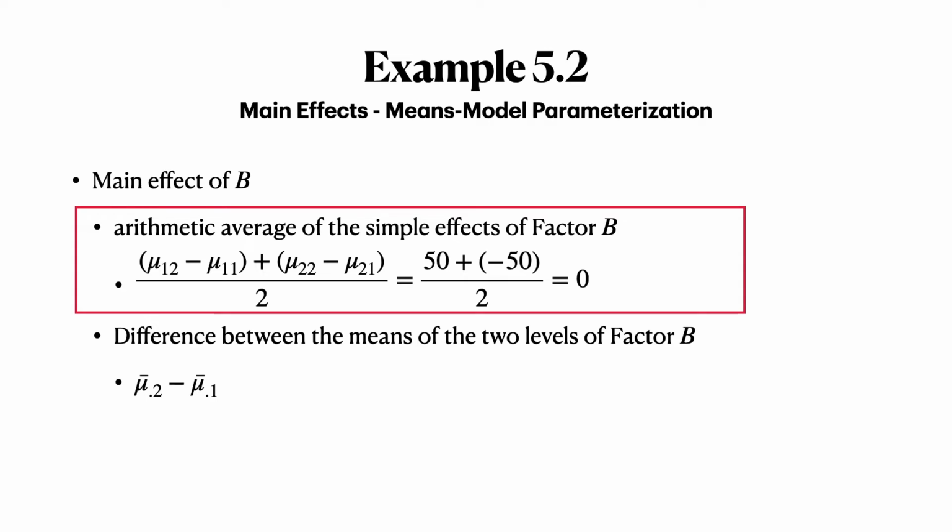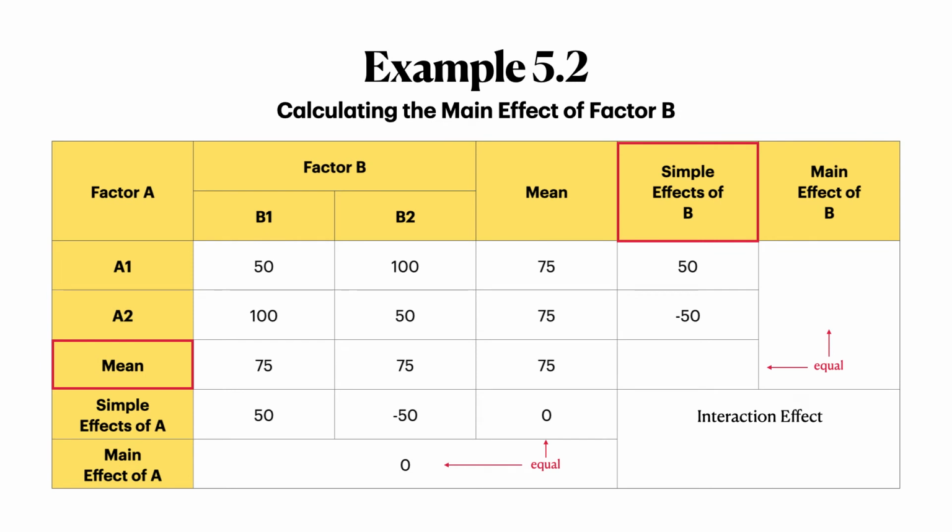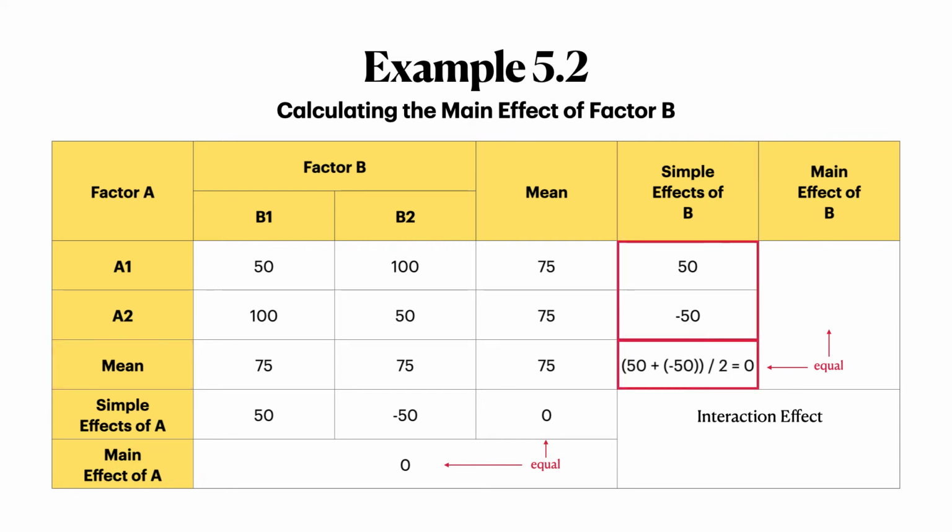Those two values average to 0. And so, based on this calculation, the main effect of B is 0. And that's shown here in the context of our two-way table. The main effect of B is the mean of the simple effects of B, the simple effects being 50 and negative 50. And so when we average those, again, we get 0.